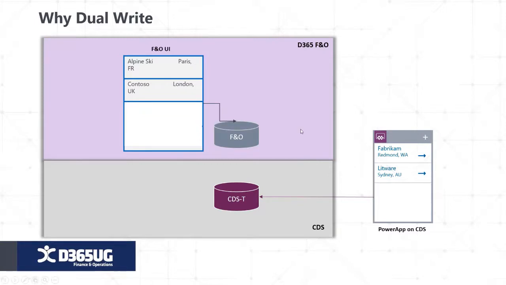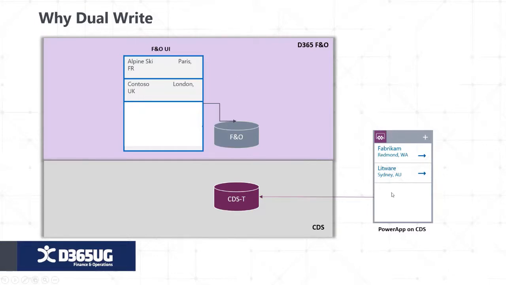The important point here is that the information in the F&O UI is definitely different from the information showing in Power Apps in CDS. These are 2 different customers.